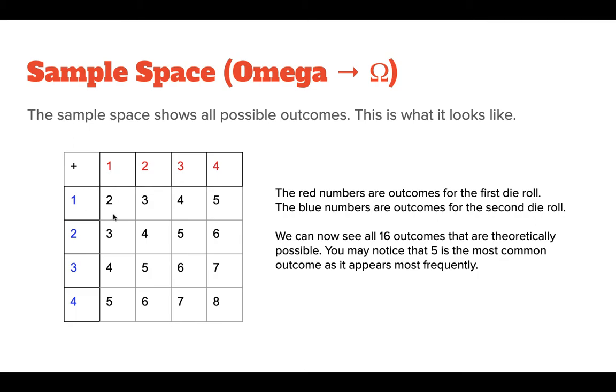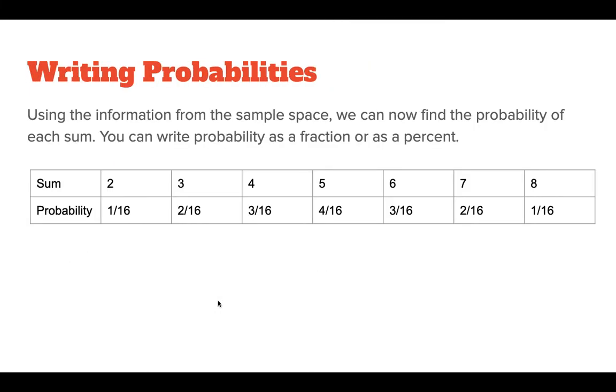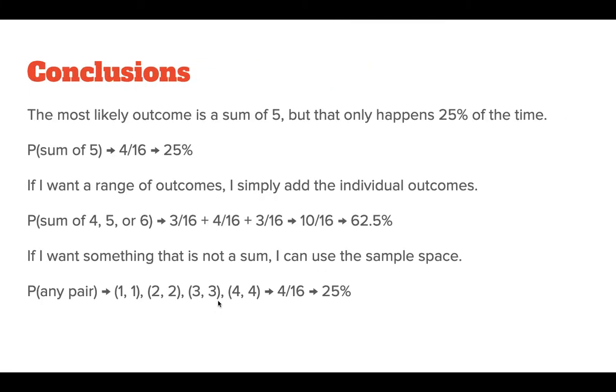So I have 1 square which came from a pair. Here I have another square where I rolled a 2 with the first die and a 2 with the second die. So I have 1, 2, 3, 4 pair that came from those 16 outcomes. So I'm going to get 4 out of 16 being my answer.